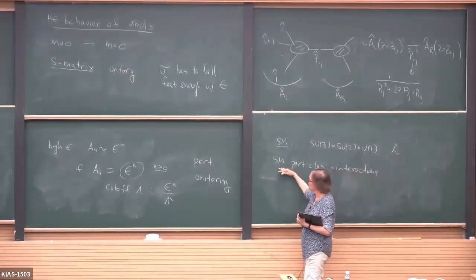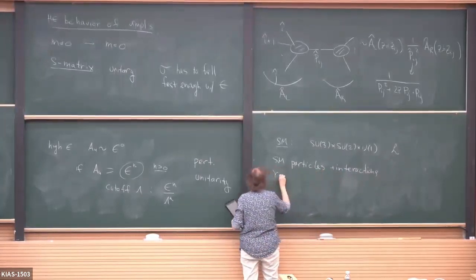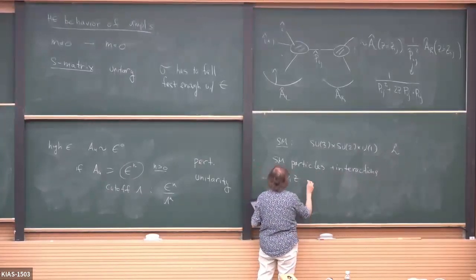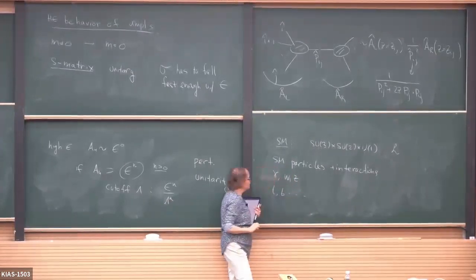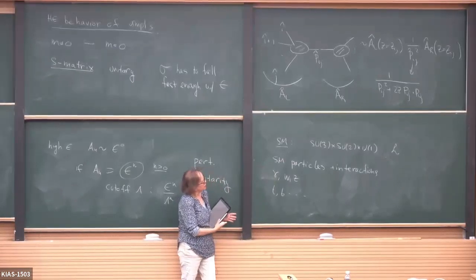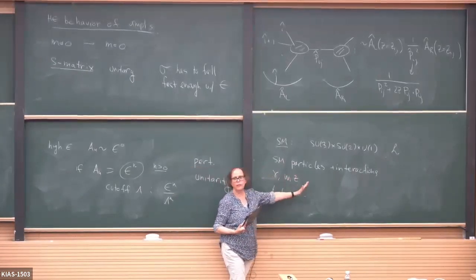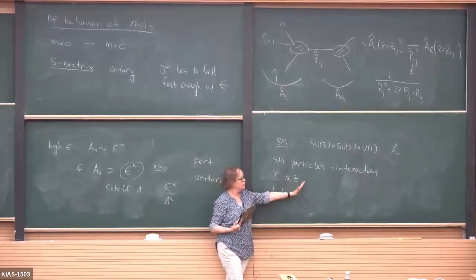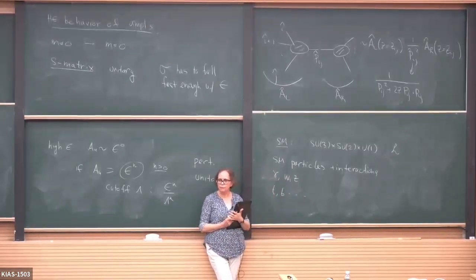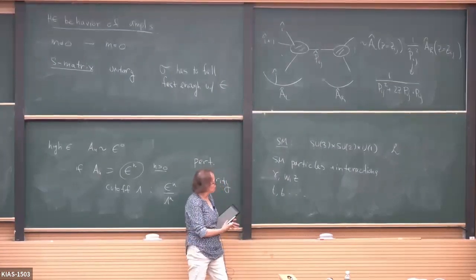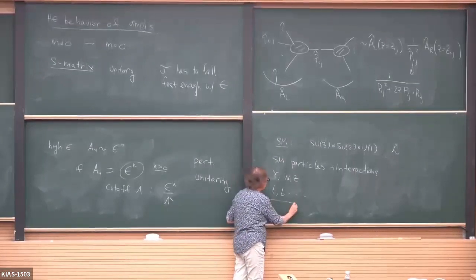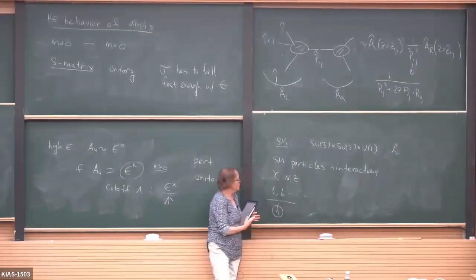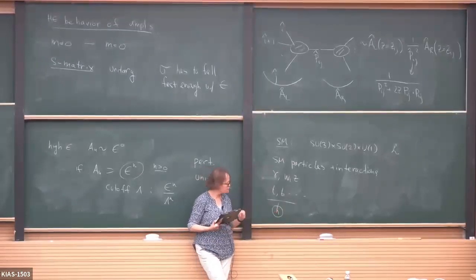So the standard model particles are the physical particles. I have the gamma, the W, the Z, all the different fermions. I'm not going to write them all down. And you can ask the question, suppose we extrapolate these interactions to very high energies. What's going to happen? Okay? So if we do nothing, and certainly before the Higgs was discovered, suppose we didn't even know that the Higgs was in the game.